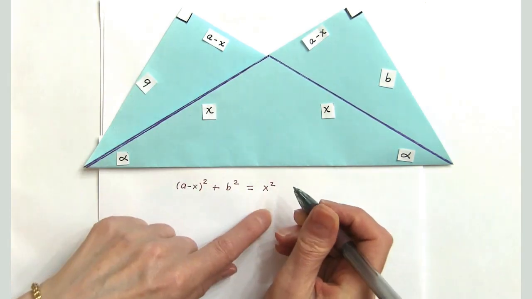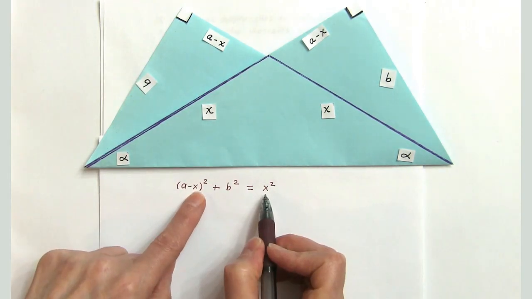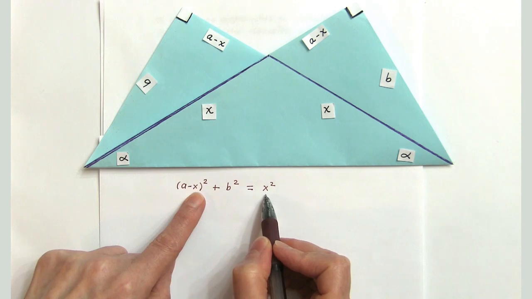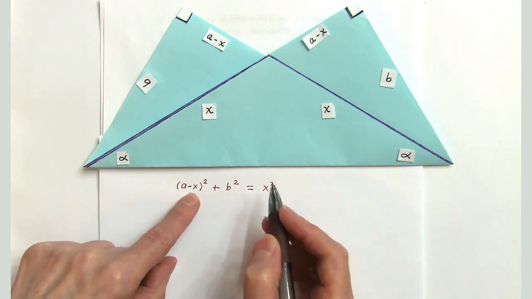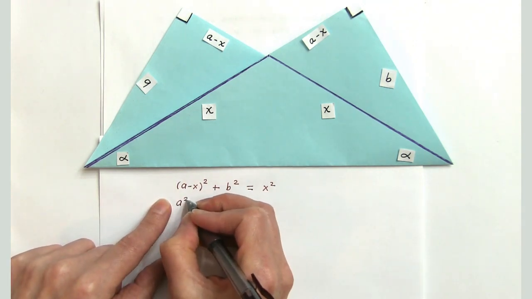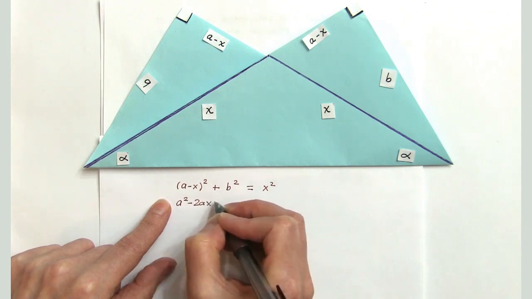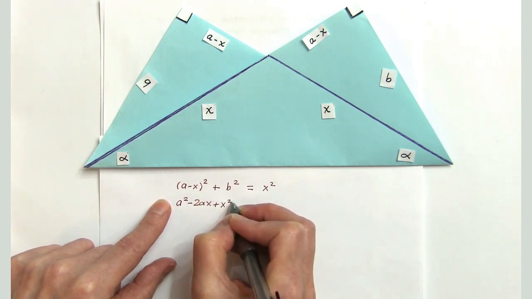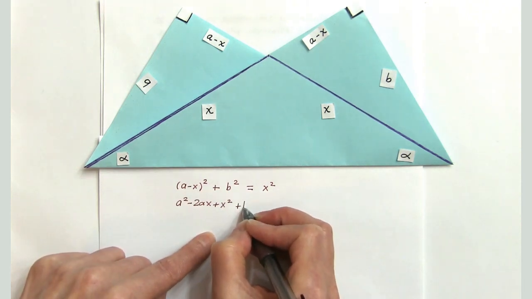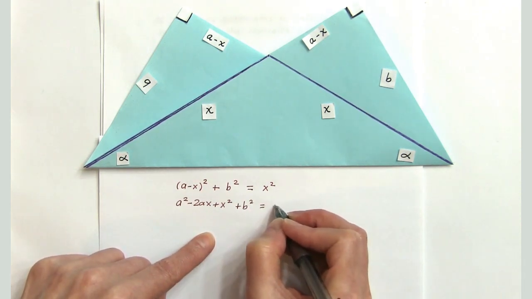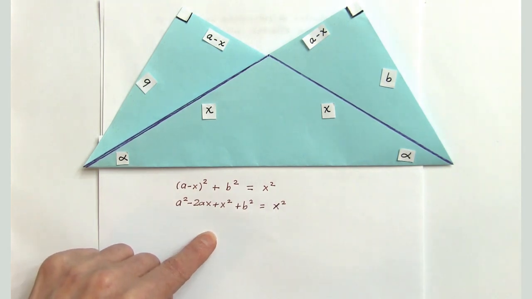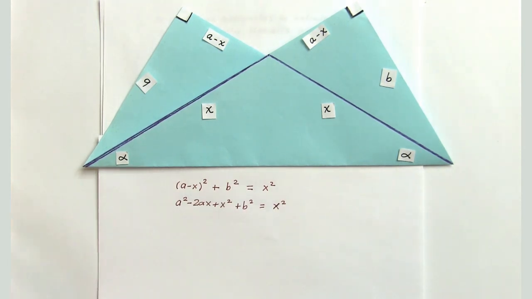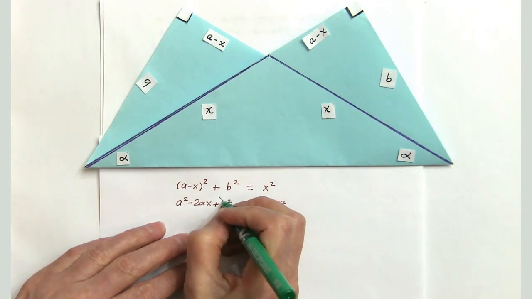One equation and one unknown x. So I can solve for x. And what I'm going to do is I'm going to multiply this square out. So a minus x squared is a squared minus 2ax plus x squared. And then here's the term b squared, I'm going to write that down, equals x squared. And then I notice what happens is that I have the quantity x squared on both sides.